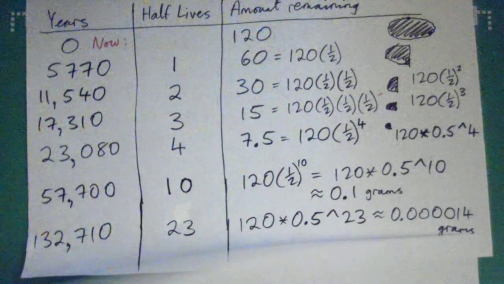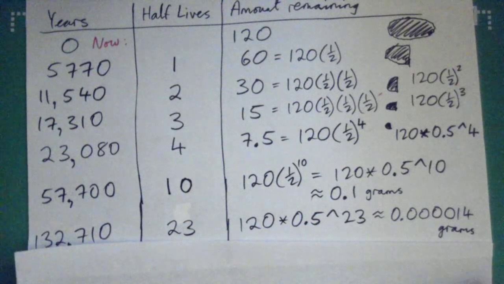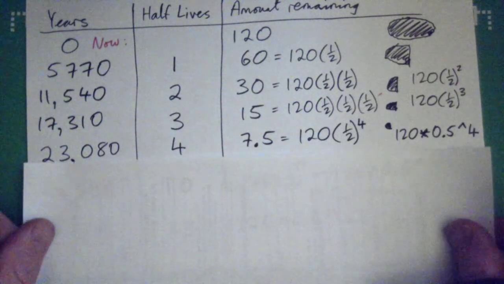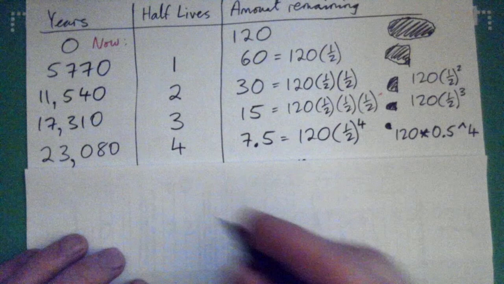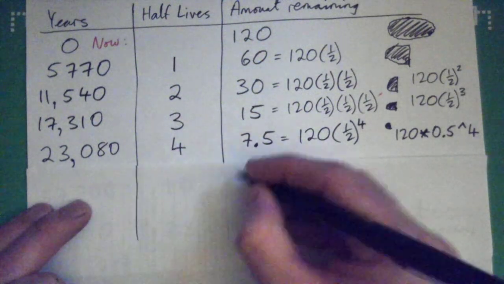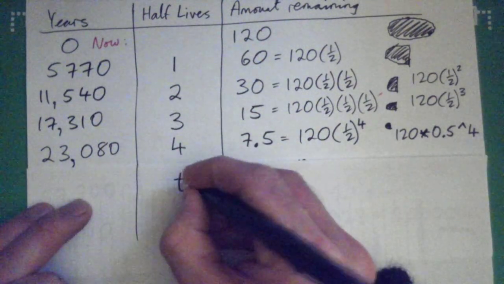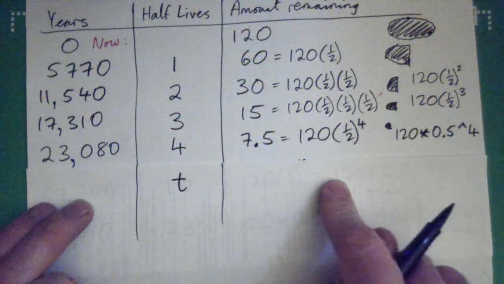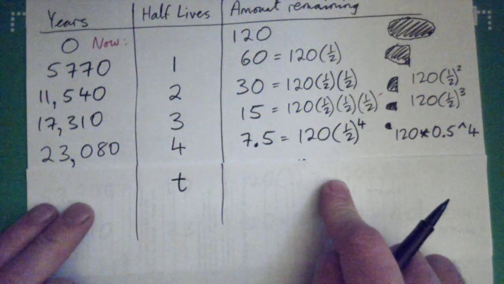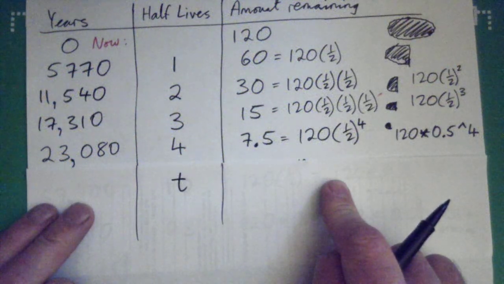Good deal. So the question then is, after T half-lives, how much have we got left? What would the formula be?